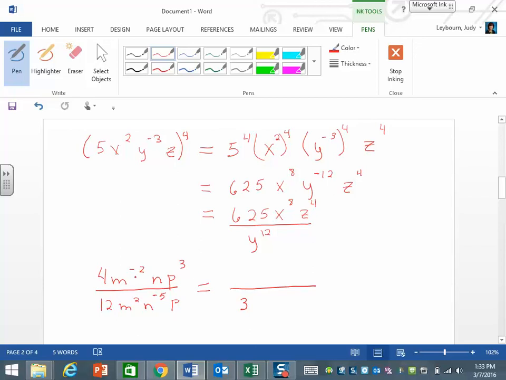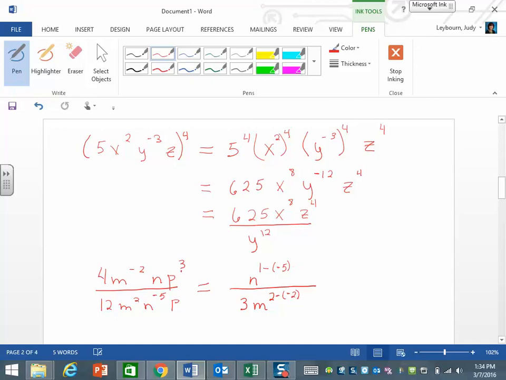It's easier if I start where I have a larger exponent, and so I'll keep the m in the denominator, and it's 2 minus a negative 2. The n's, I have a larger exponent in the numerator, so it's n, and it's 1 minus a negative 5.